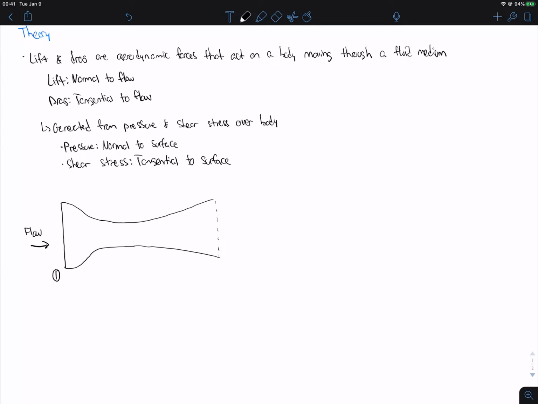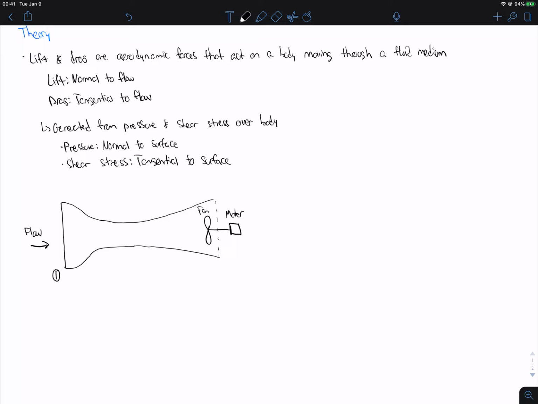And then in the back here, we have a fan that's connected to a motor. And basically this fan is going to draw the air into the system from the ambient atmosphere, and then it's going to exhaust it out this outlet where the fan is at.